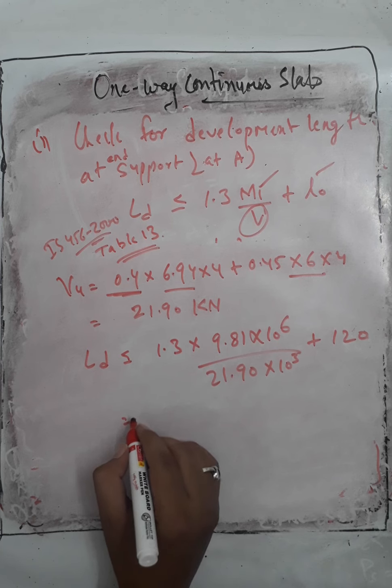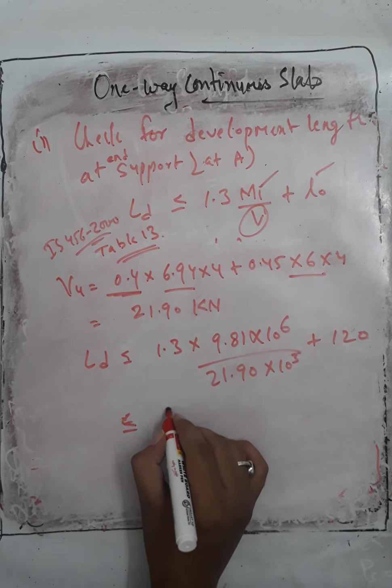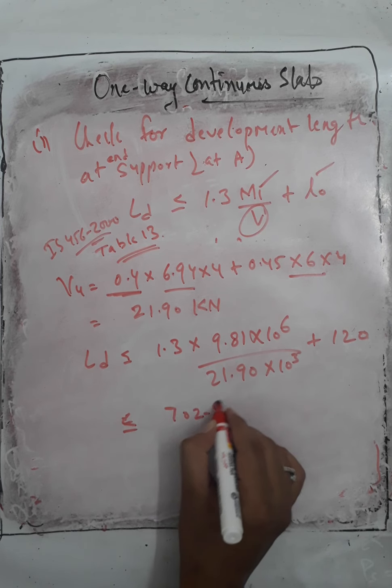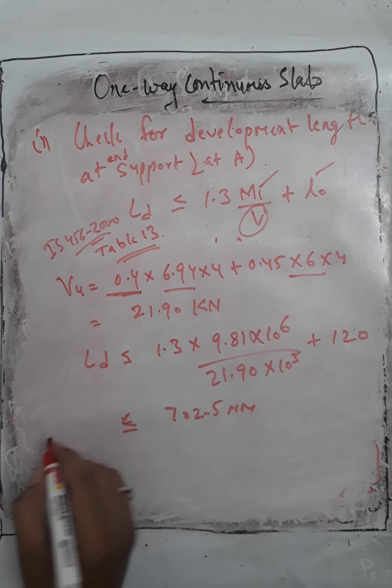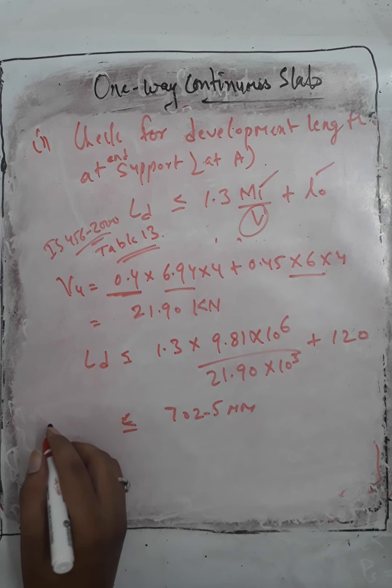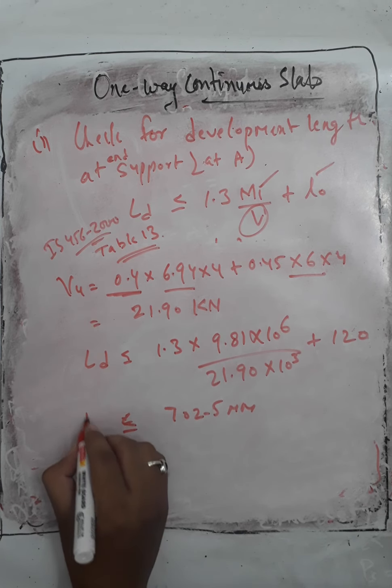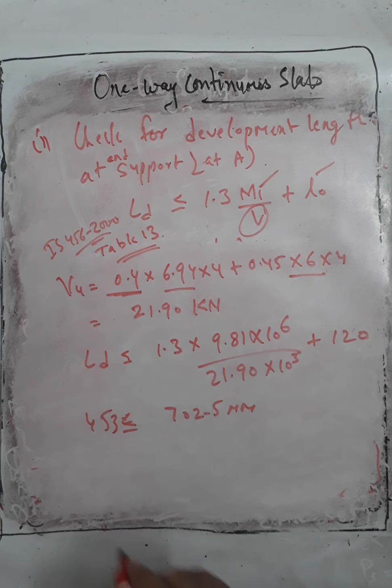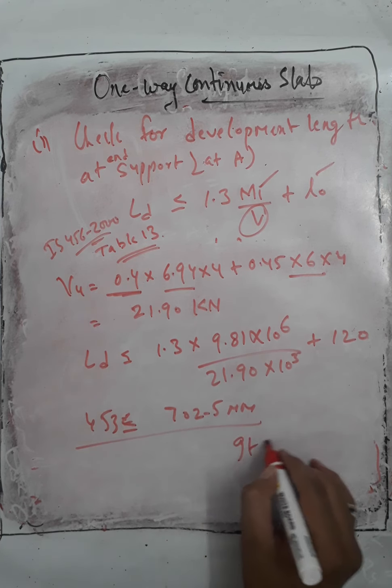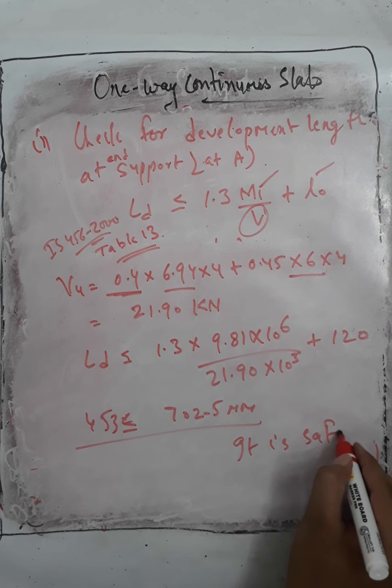You get 702.5 mm. Now you find LD. For LD you have one formula, and with the help of this formula, you get LD is 453. So this satisfies the condition, so it is safe.